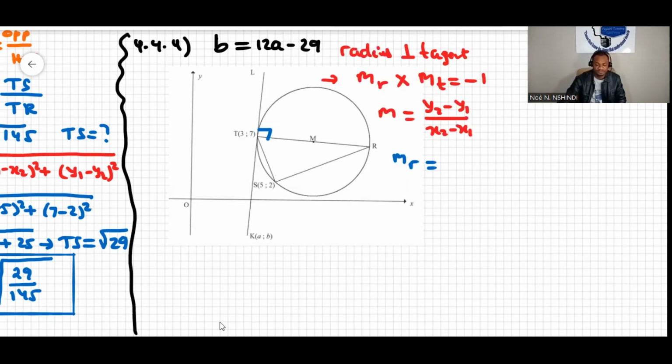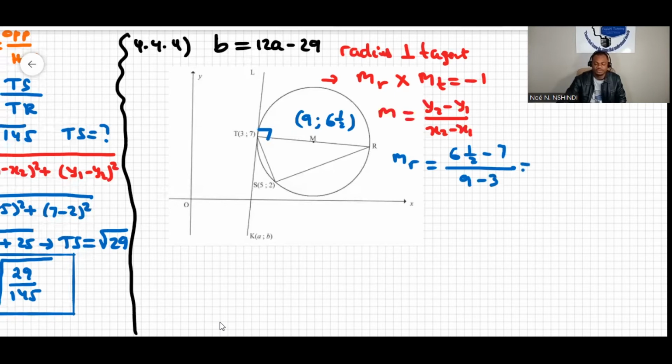Now work out the gradient of the radius first. M was given, the center of the circle, it was (9, 6.5). So we do 6.5 minus 7, the change of y, over the change of x, 9 minus 3.